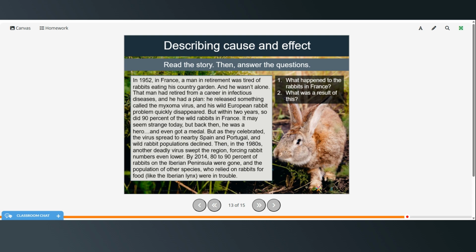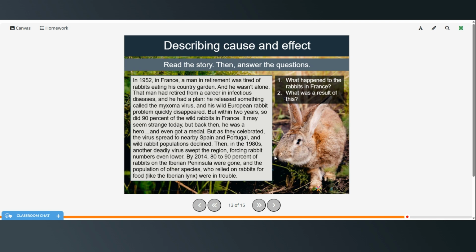But as they celebrated, the virus spread to nearby Spain and Portugal, and wild rabbit populations declined. Then, in the 1980s, another deadly virus swept the region, forcing rabbit numbers even lower. By 2014, 80 to 90% of rabbits on the Iberian Peninsula were gone, and the population of other species who relied on rabbits for food, like the Iberian lynx, were in trouble.